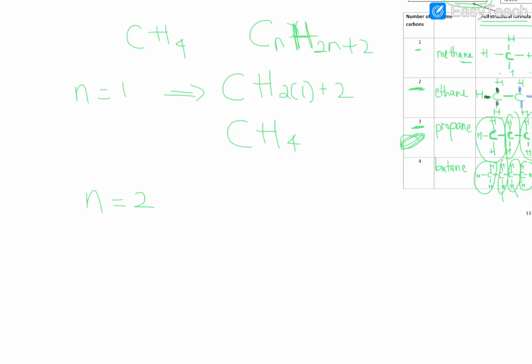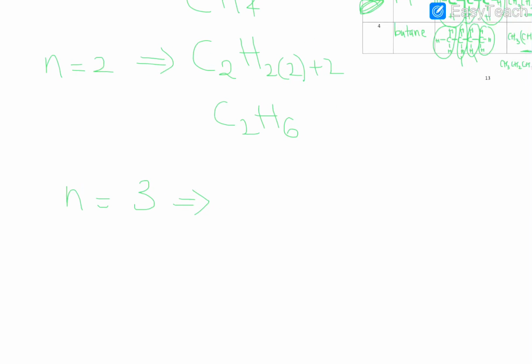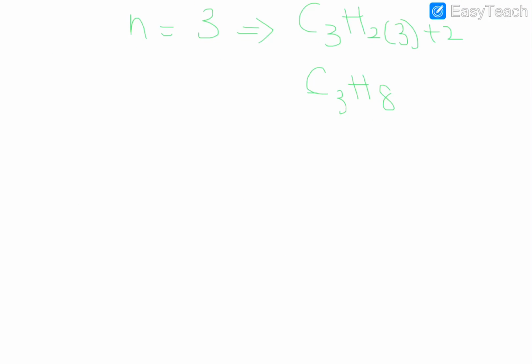Second member would be C2H, 2 times 2 plus 2. So that's C2H6, second member. Third member, using this general formula, you can find any member. So C3H, 2 times 3 plus 2. So that gives you C3H8. Let's say you want to find the 10th member. C10H, 2 times 10 plus 2.